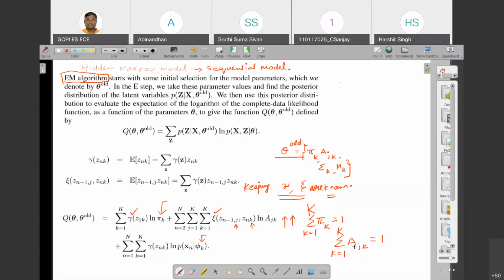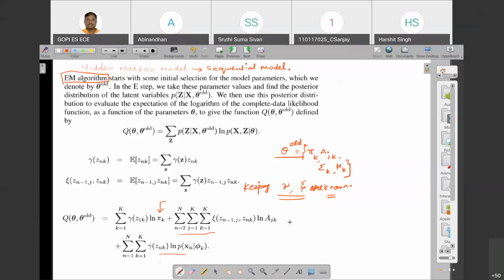So using this constraint also taken into account, if I do this maximization, the moment I try to get that value of pi k that maximizes this, what is happening here? The second term and the third term are not playing any role because we are interested in maximizing pi k.